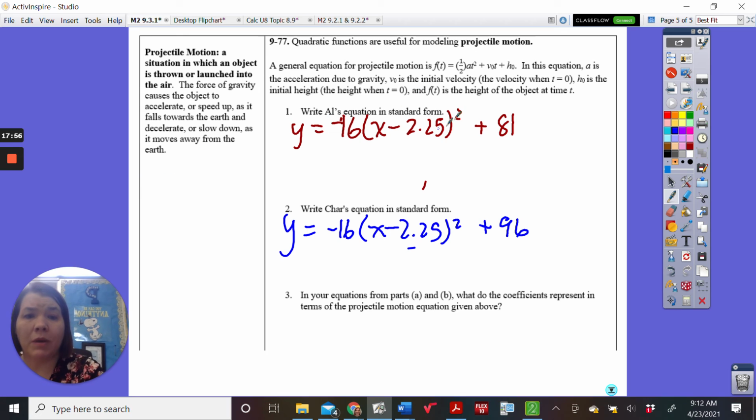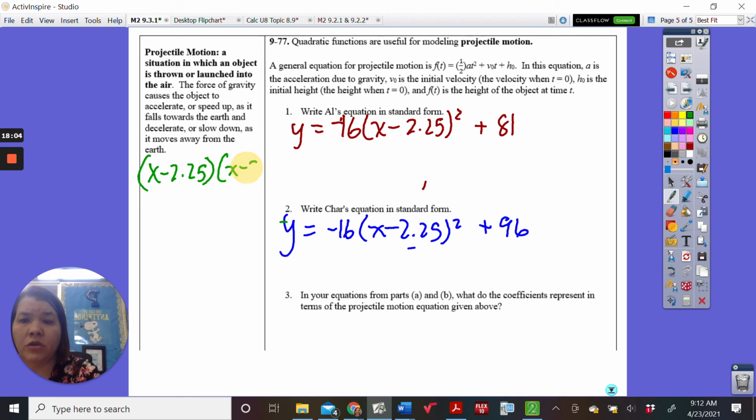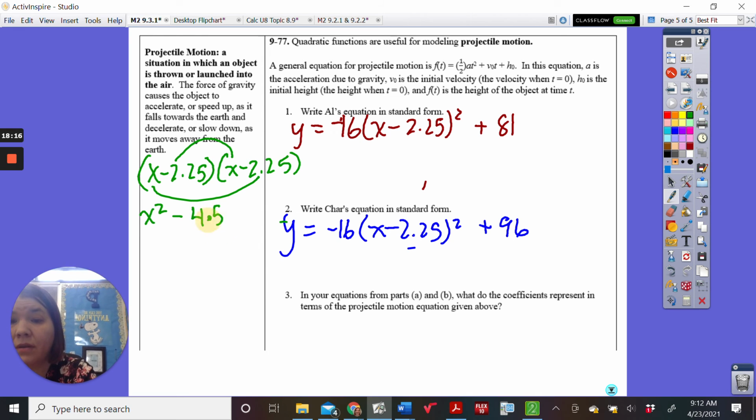So I'm going to need to multiply this guy out. We'll do that over here. x minus 2.25 times x minus 2.25 will become x squared minus 2.25x twice. So 2.25 plus 2.25 is 4.5x, and then 2.25 times 2.25, or 2.25 squared, is plus 5.0625.